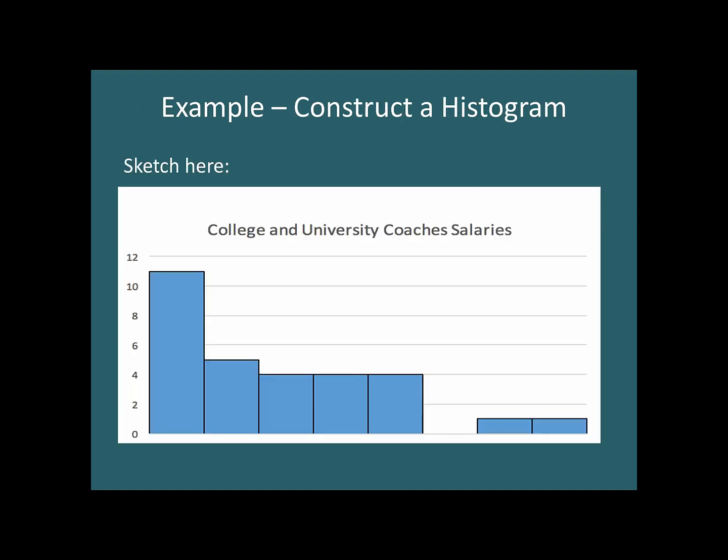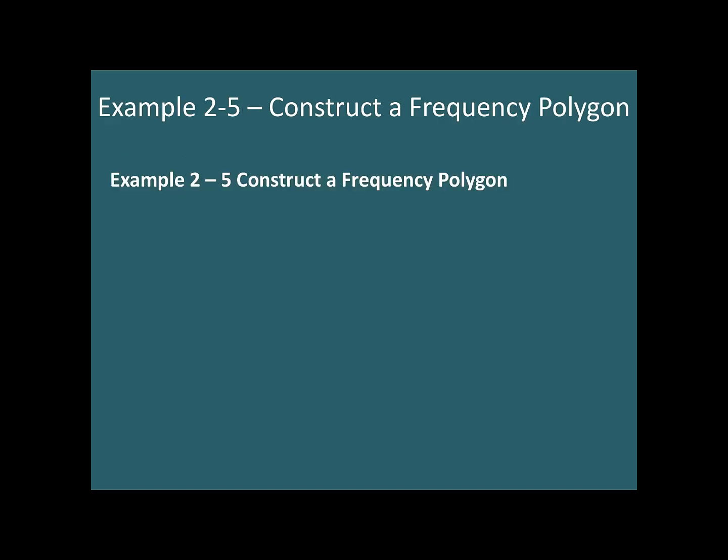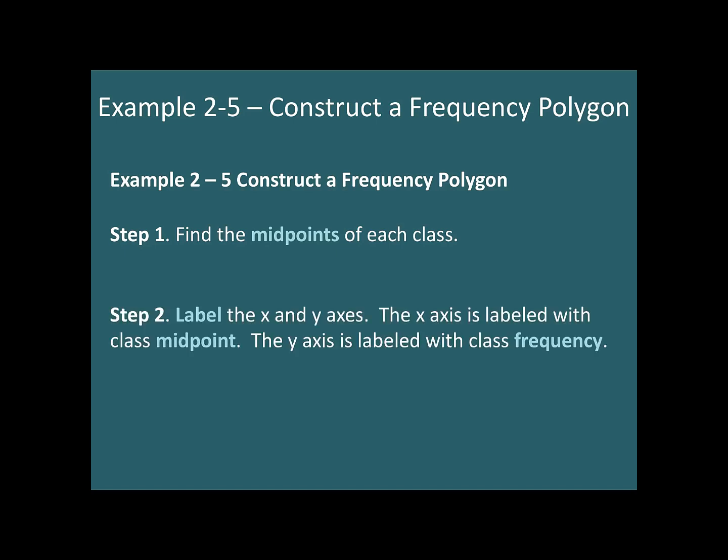That works. Now let's go ahead and construct a frequency polygon. So here are the steps for a frequency polygon. First, list the midpoints of each class, which we already have in our table. Next, label the x and y axes.